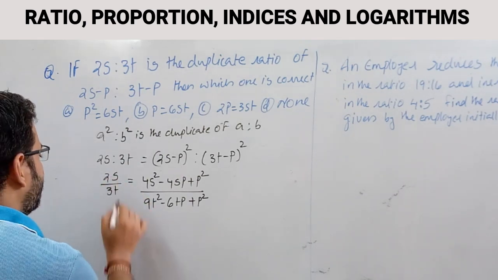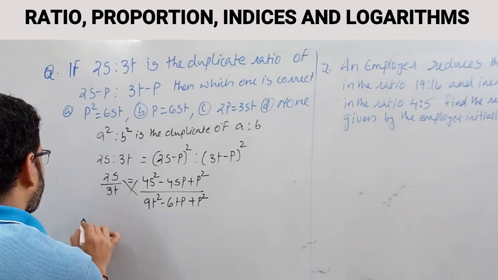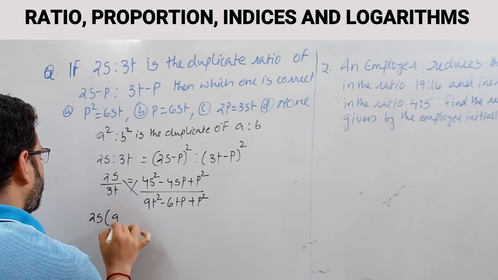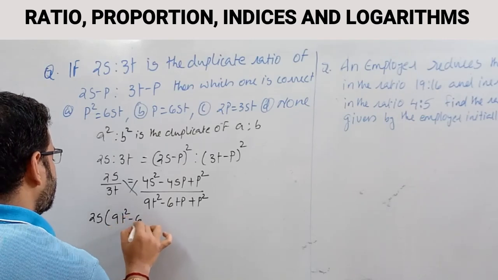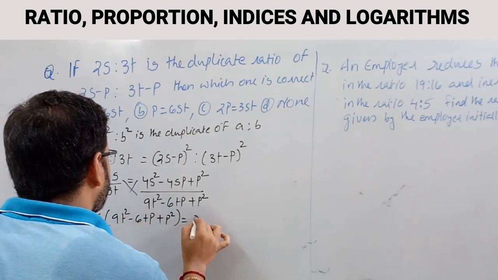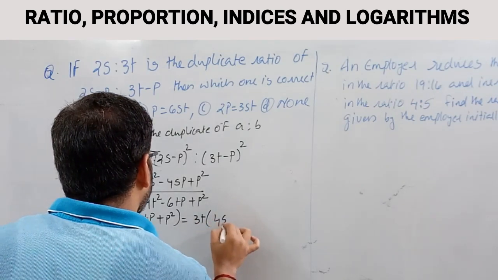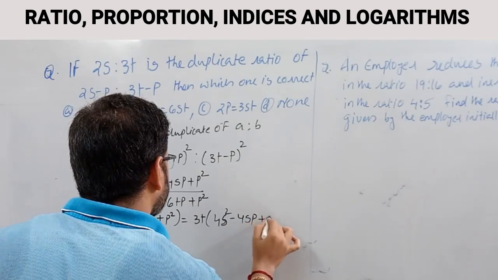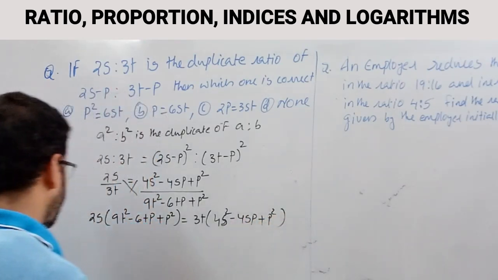Then cross multiplying, we get 2s into 9t square minus 6tp plus p square is equal to 3t into 4s square minus 4sp plus p square.